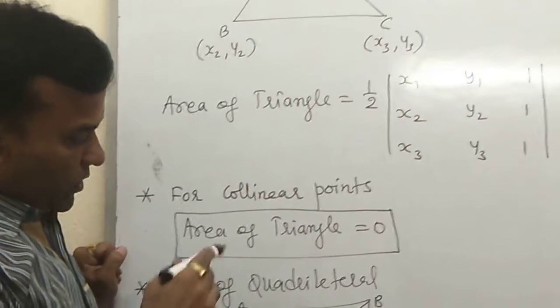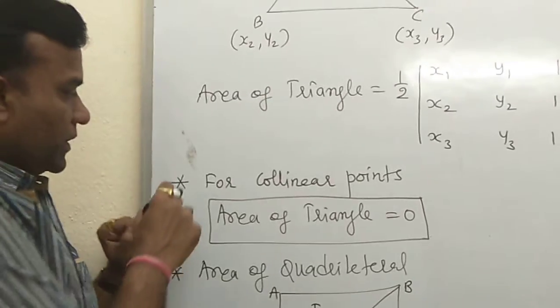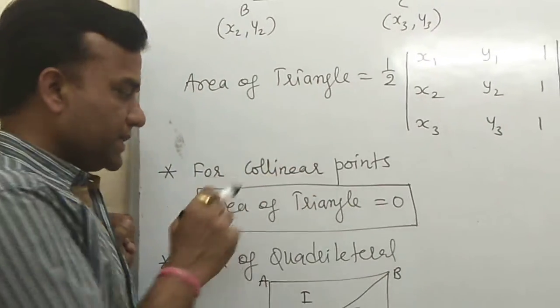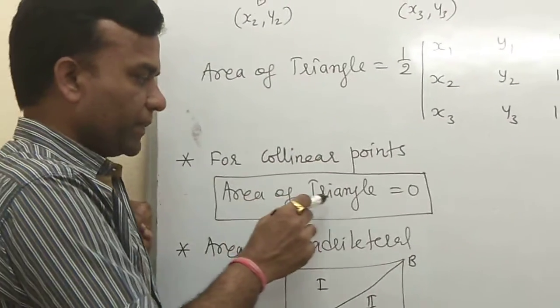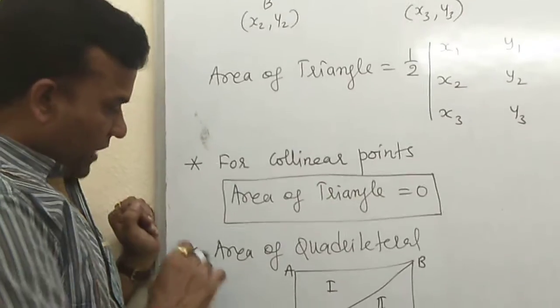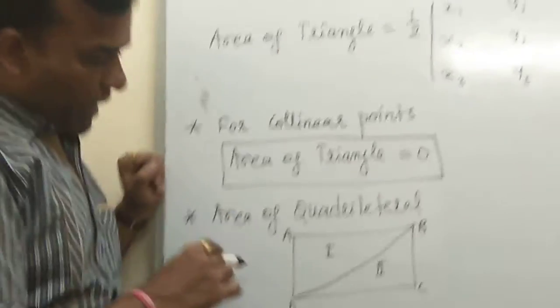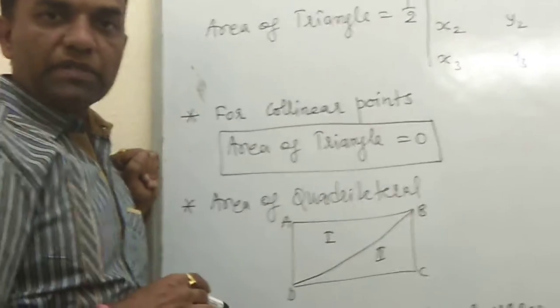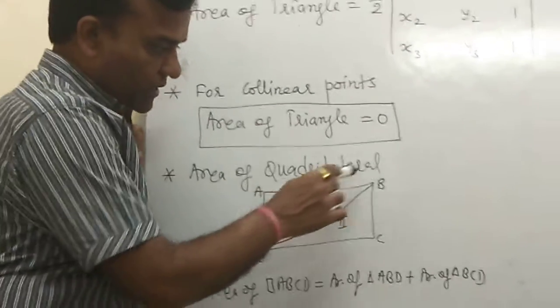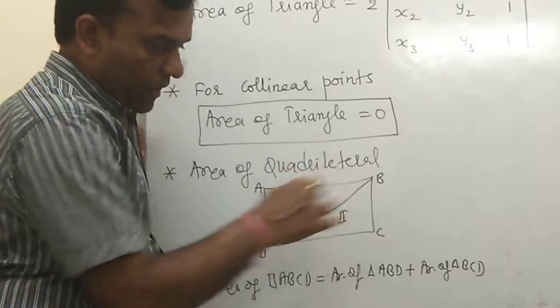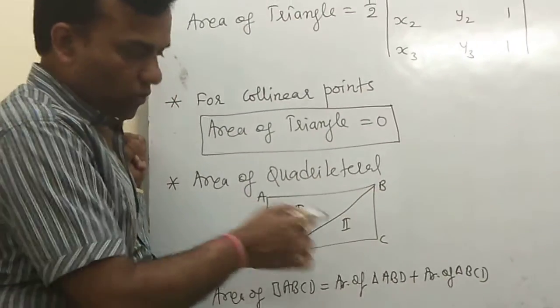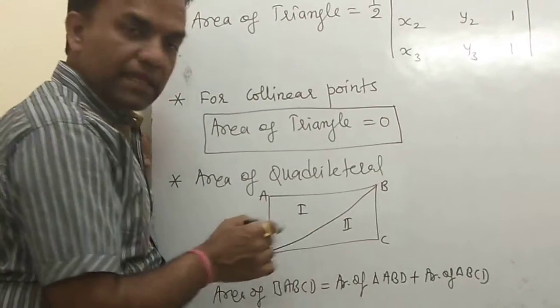Okay, and then some 2 points you remember. For collinear points, the area of triangle will be 0. And the second point is what? If you want to find the area of a quadrilateral, we know that a quadrilateral means it is four sided. So first you draw the figure of the quadrilateral, and you break it down into two parts, first triangle and second triangle.